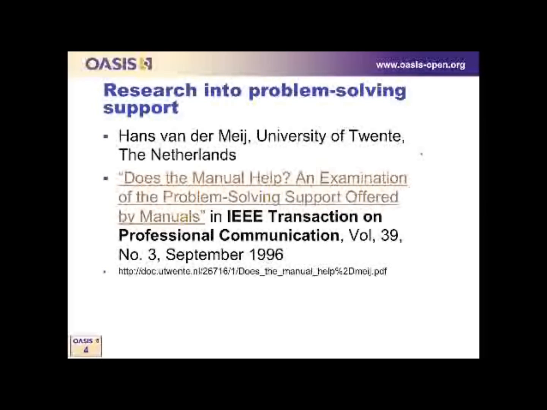So why did we do this? What was the background? Well, for one, there's a great deal of research available to support the need for troubleshooting or problem-solving information. Hans van der Meij is a professor of technical communication at the University of Twente in the Netherlands, and his team of graduate students and researchers have looked at the issue of problem-solving information in technical manuals.